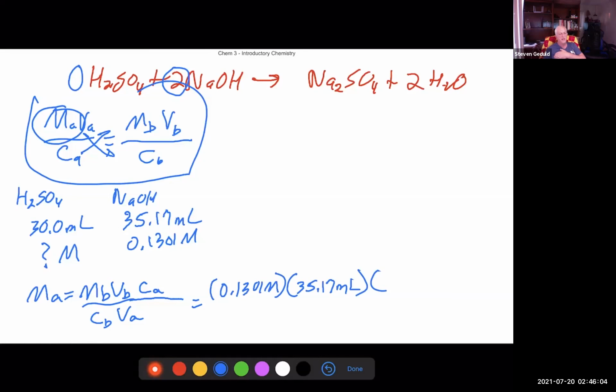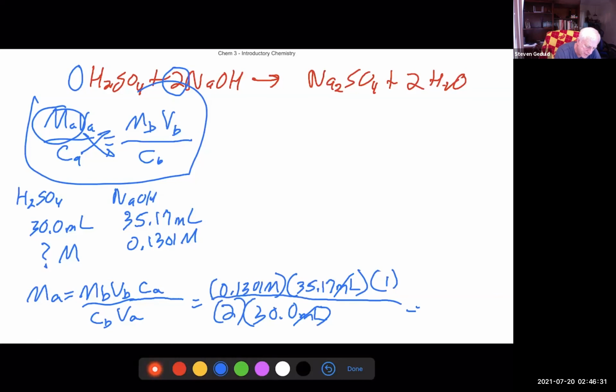What's the coefficient of the acid? Look at the balanced chemical equation. What number is there? 1. Perfect. Don't say 0. Whenever there's nothing there, we always know it's a 1. Do not make that mistake. The coefficient of the base is 2, and the volume of the acid is 30.0 milliliters.